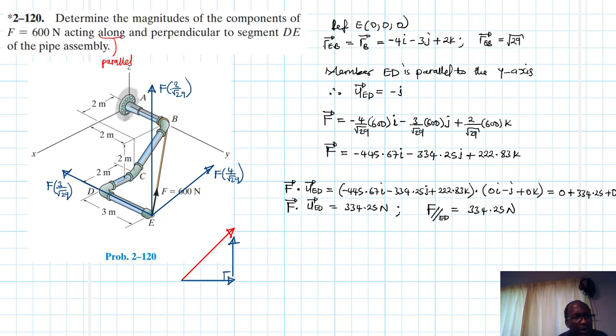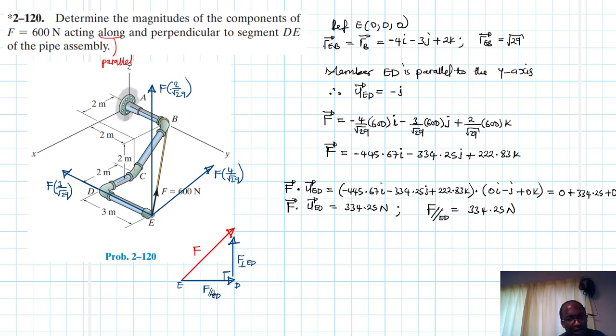So this one here is the F. And the one that we just found is the F parallel to ED. Think of this as E, think of this as D. Now we want this one, which is perpendicular to ED.